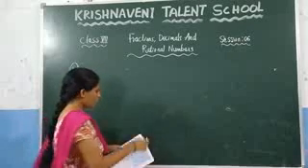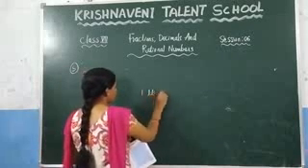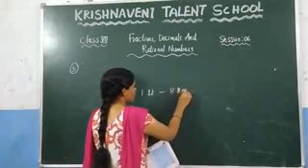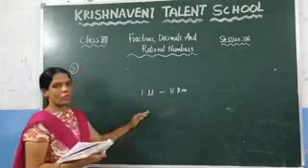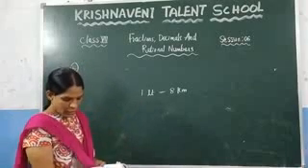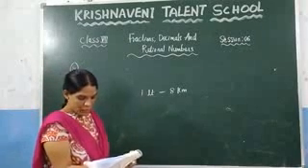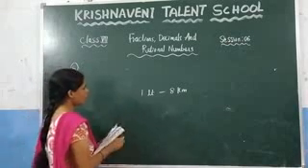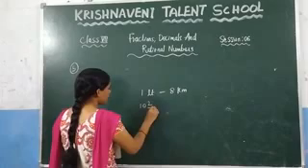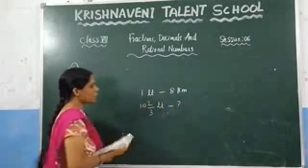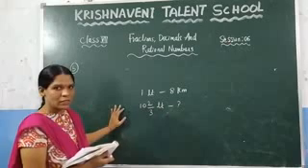That means with 1 liter of petrol, the truck is traveling 8 kilometers. And they ask, how much distance will it cover using 10 2/3 liters of petrol? That means if it uses 10 2/3 liters of petrol, how many kilometers does the truck travel? You need to calculate this one.